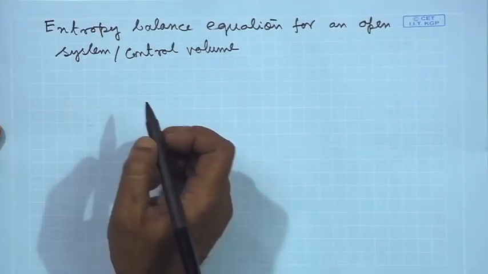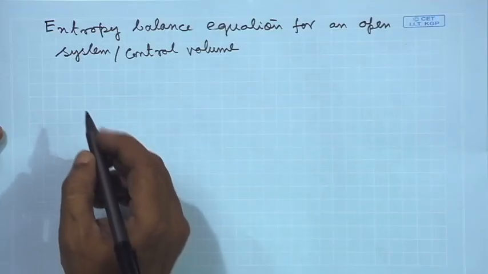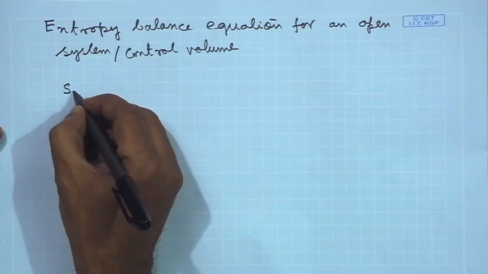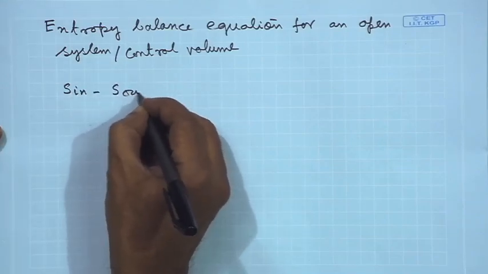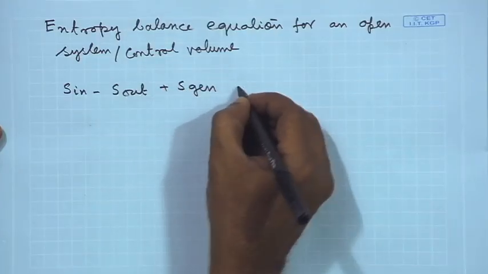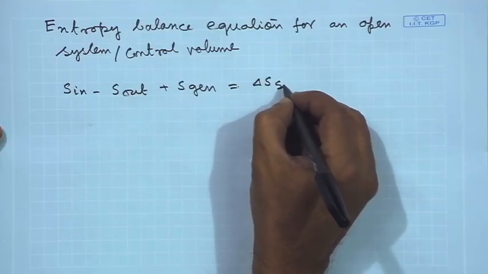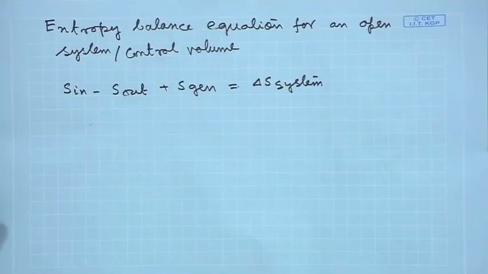You see, the concept of entropy balance can be done like this: S in minus S out plus S gen, that is equal to delta S of the system. Let us say during a process, during a time, let us say it is an open system or control volume.